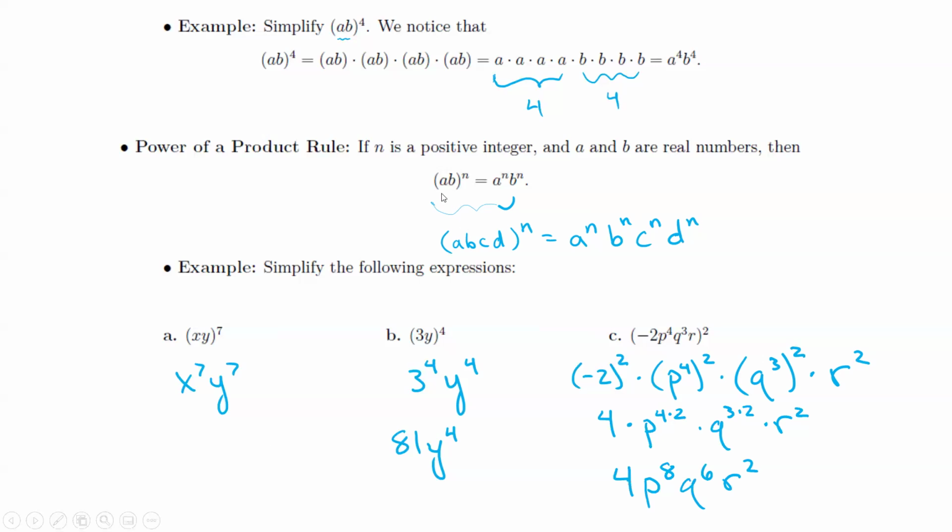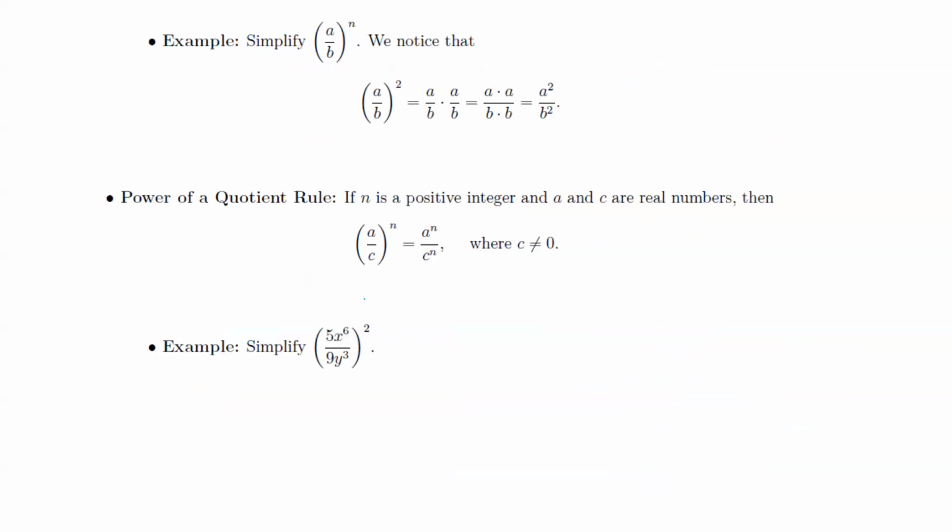All right. Now, if this is true when you are multiplying two things and raising them to the same power, then you can bet it works the same way if you are dividing two things and raise them to the same power. So if you have a over c raised to the n, then that can be a to the n over c to the n. We'll just do one example on this one, taking it one step at a time.